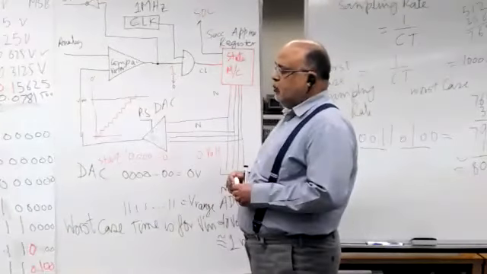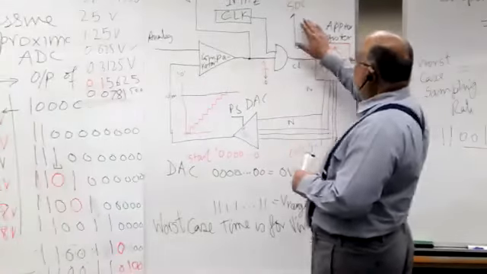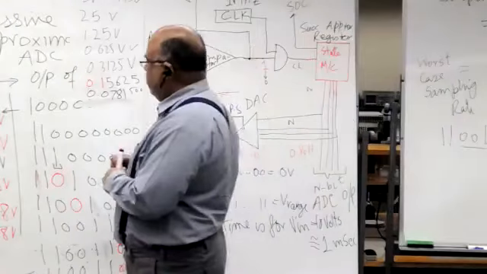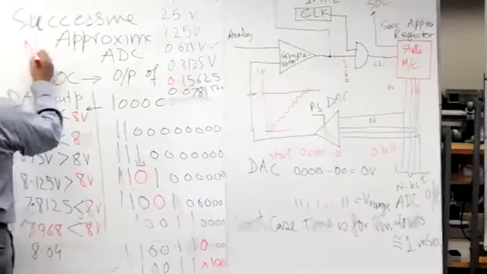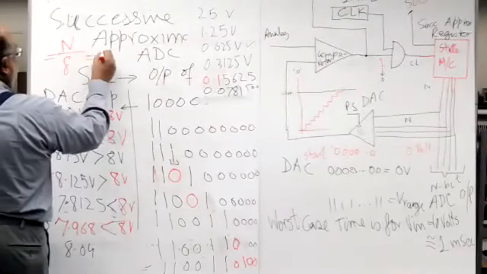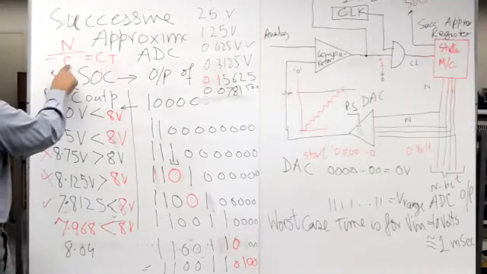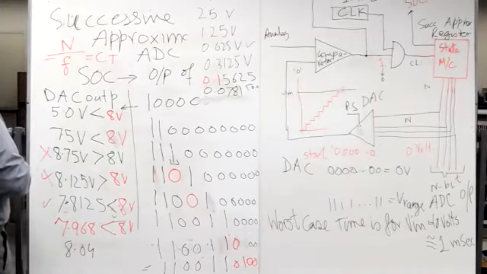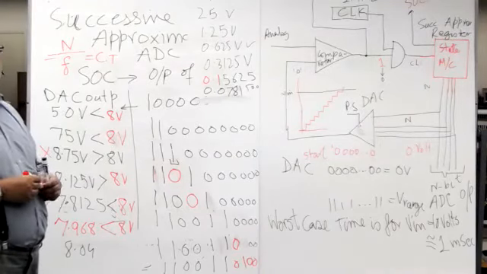So the conversion time is always same. Conversion time in successive approximation is N over F, where N is the number of bits and F is the frequency. So its conversion time is fixed, N over F.